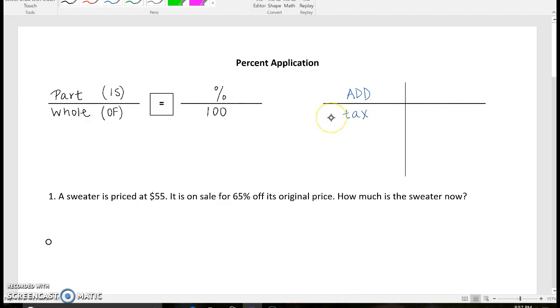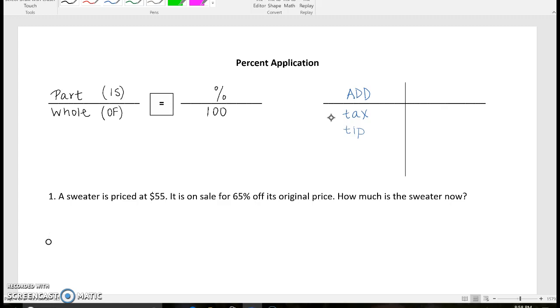When you go out to eat, you have to pay tax, or when you buy an outfit, you have to pay tax. Another situation would be tip. If you go out to eat dinner, you need to tip your waiter. If you get your hair cut, you're supposed to tip them. If you get your nails done, you're supposed to tip them.